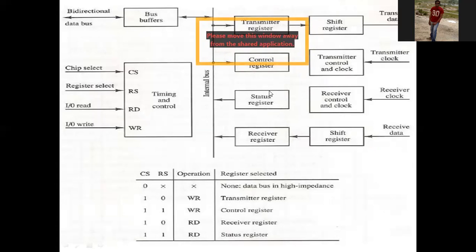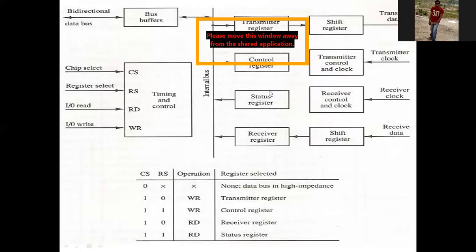We call this a UART, the Universal Asynchronous Receiver and Transmitter. What does this unit do? Its basic use is to transfer serial data. It is used for transmitting serial data between the CPU and the IO devices.